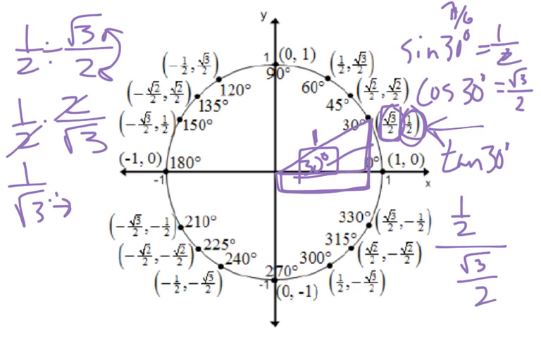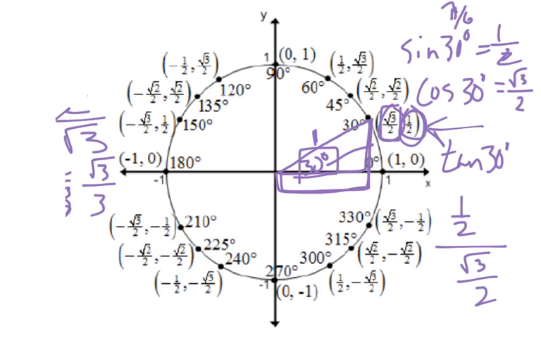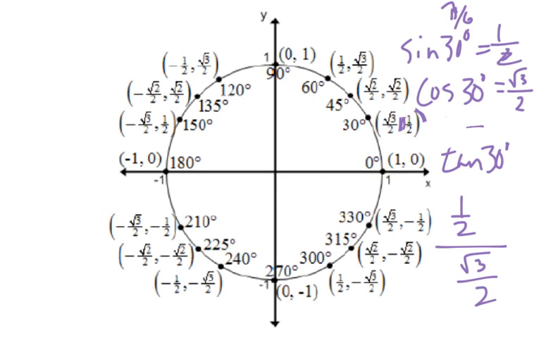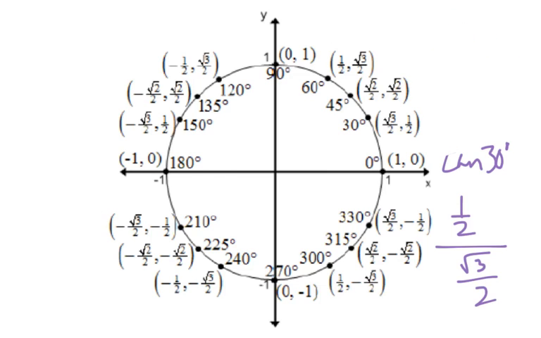So multiply by the square root of 3 over the square root of 3. So we get the square root of 3 over 3. That's where tangent comes from, because it's a combination. Okay? And we can find all those trig ratios when we're doing that. So you need to make sure that you've got this written down on that paper that you got in class so that you have all this information.